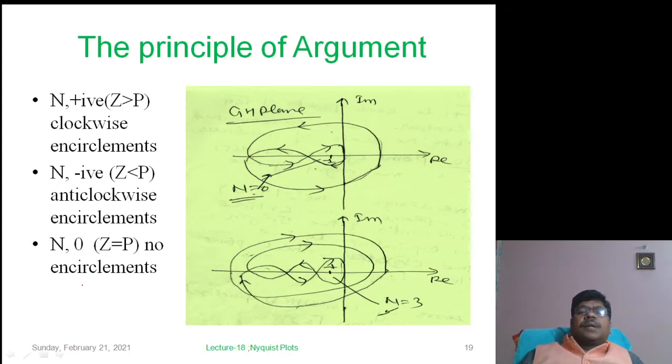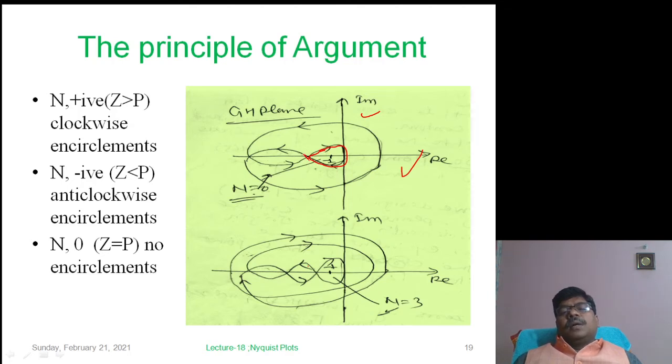So, here in this example you can see the GH plane, this is the real axis, this is the imaginary axis, and a contour is drawn like this. Say it starts from this point, moving like this and reaching this place. So, one circle: one time it has moved in the clockwise direction.